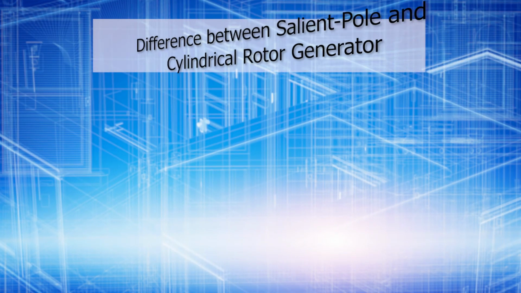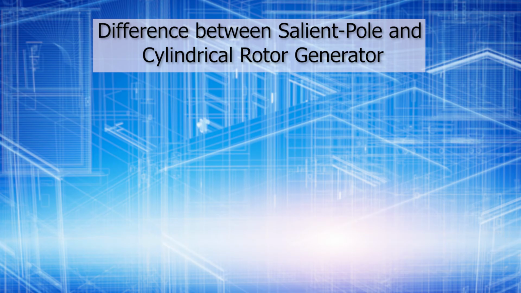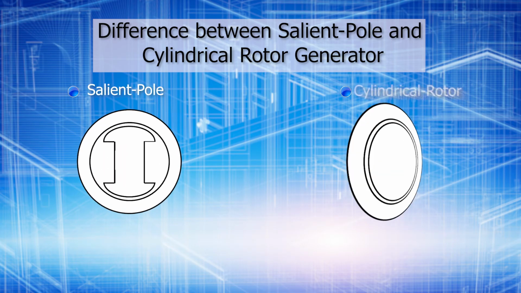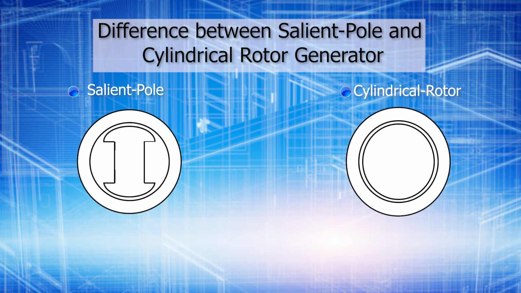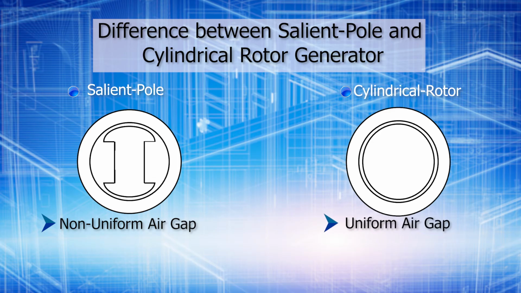Now let us have a quick comparison between these two types of construction, salient pole and cylindrical rotor. In salient pole type of machines, we have the non-uniform air gap, whereas in cylindrical rotor, as you can observe, you have the uniform air gap.